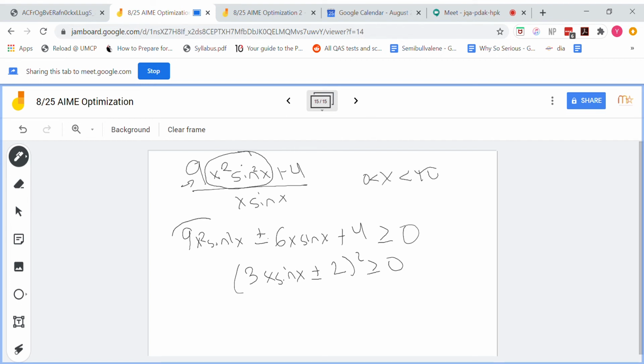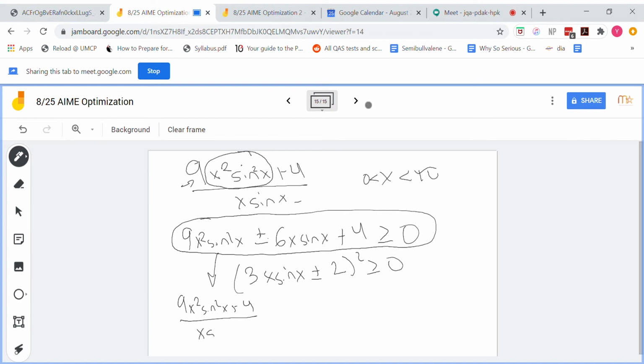So now if we try to use this, and I divide both sides by x sine x, then we get (9x squared sine squared x plus 4) over x sine x plus or minus 6 is at least 0.